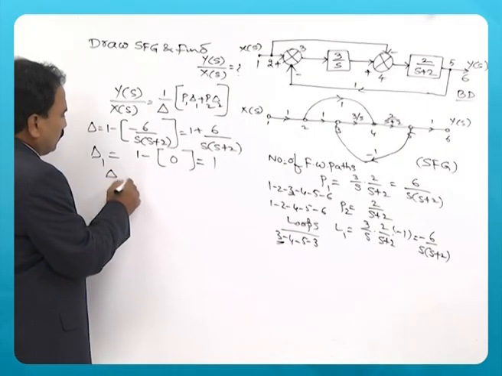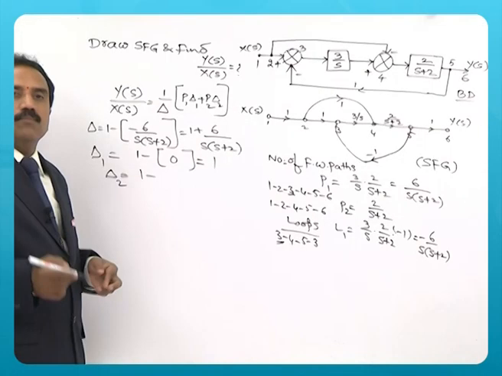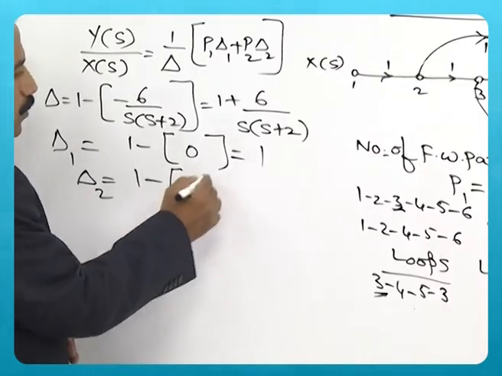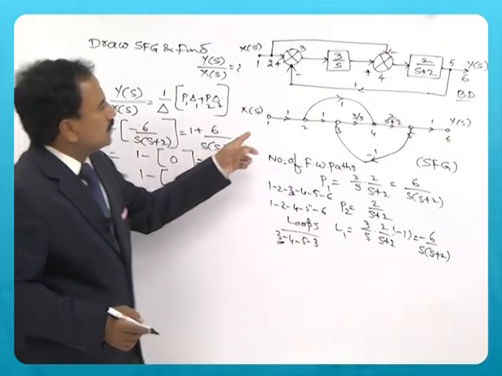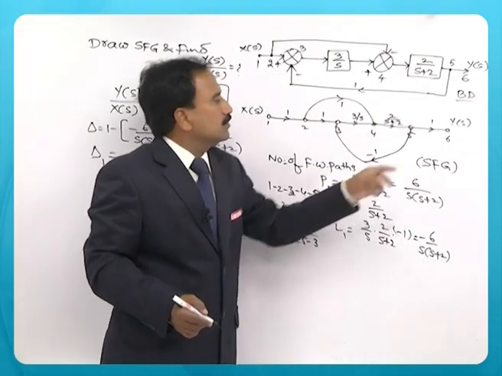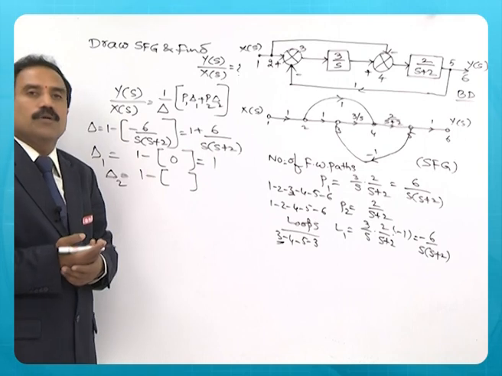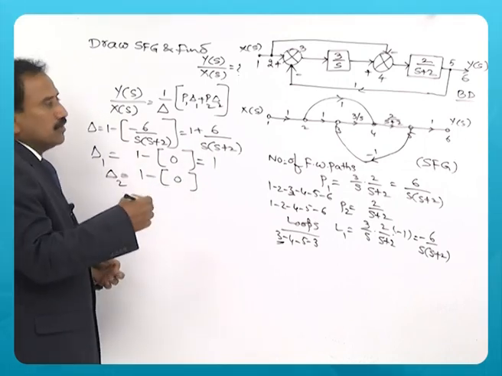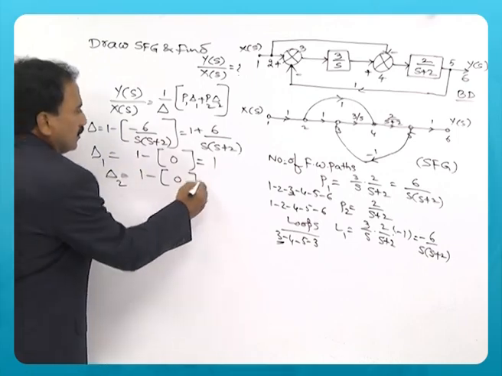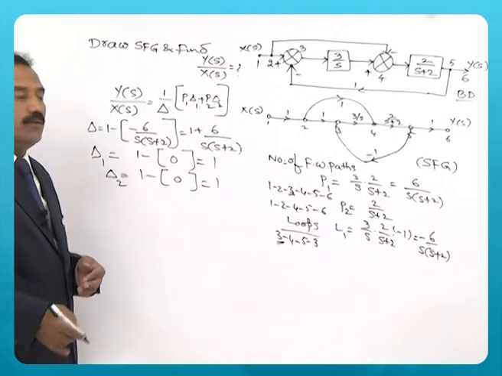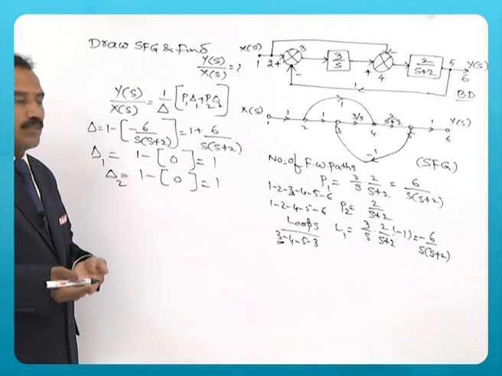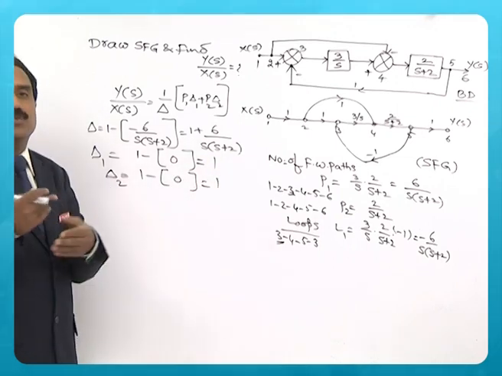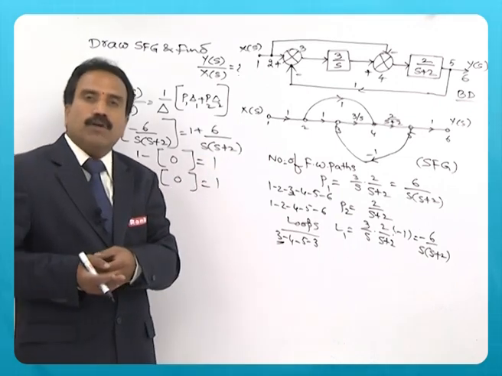Similarly, delta 2 is 1 minus the loop gains which are not touching the second forward path. So it is also not possible here, and the only one loop is touching both the forward paths, so it is again 1. Now it is simply observation and then substitution in Mason's gain formula.